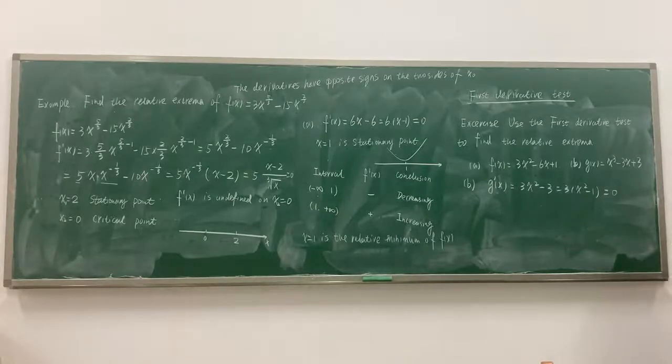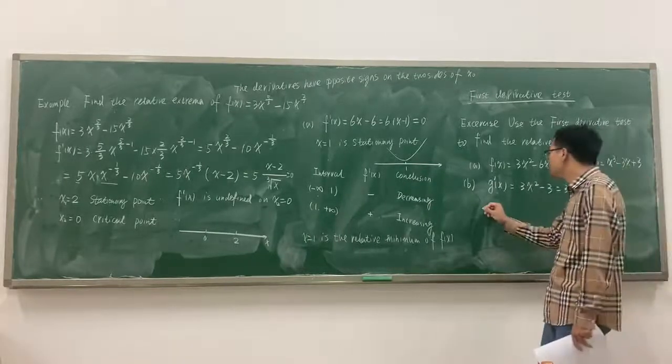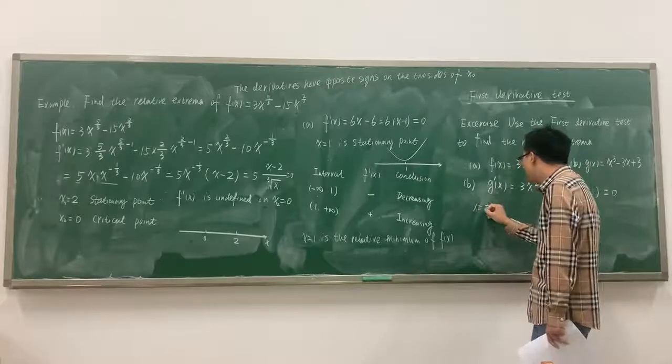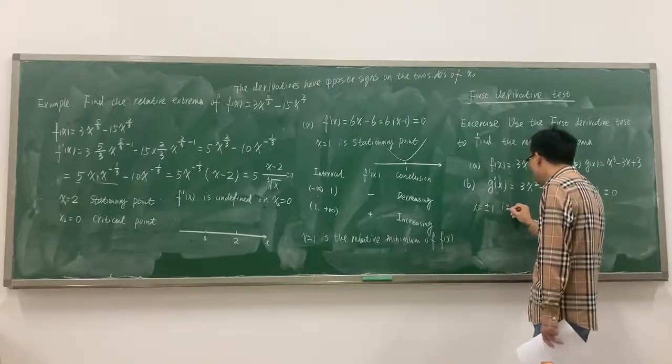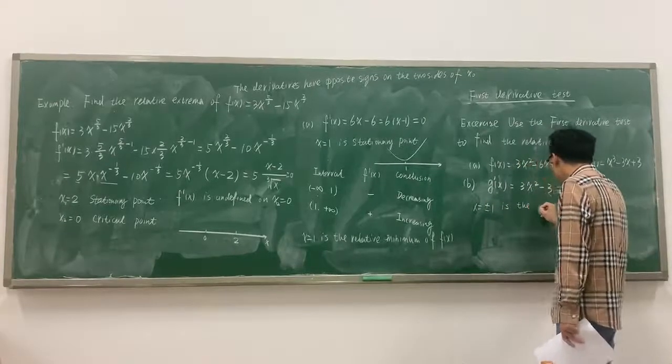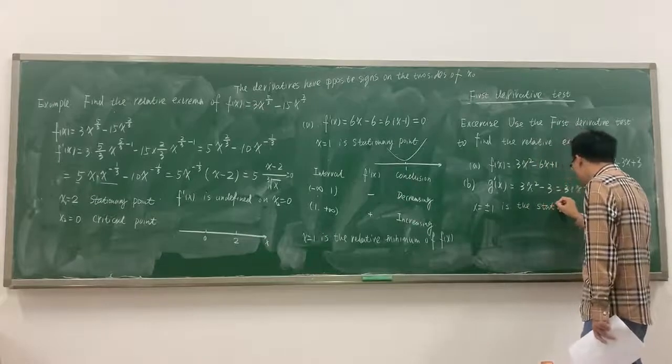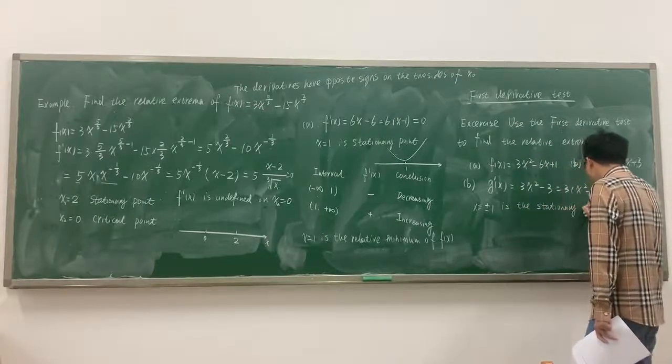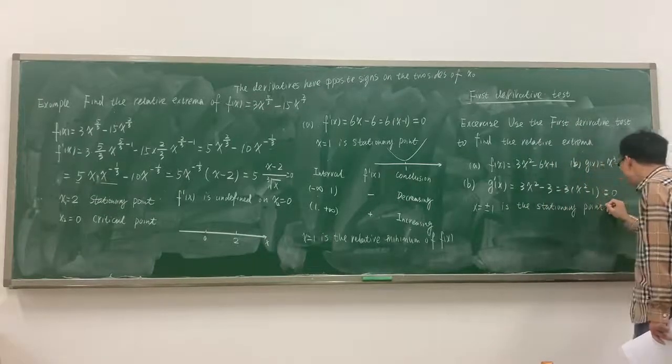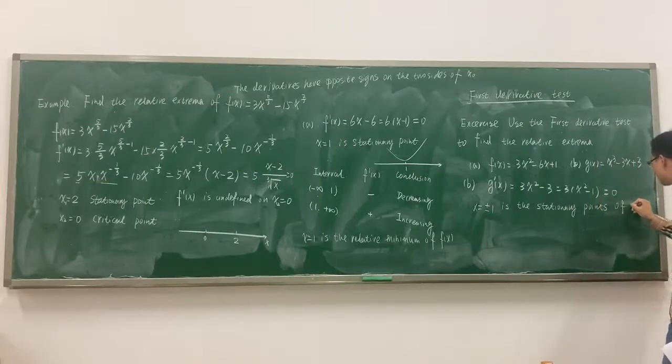So x equal to plus 1 or minus 1 are the stationary points of g(x).